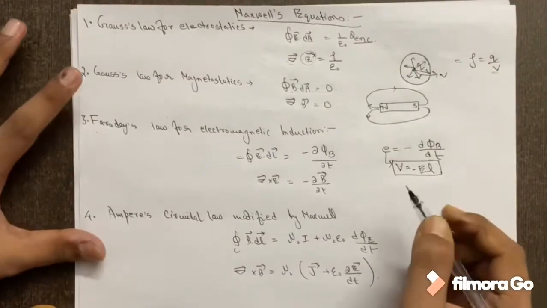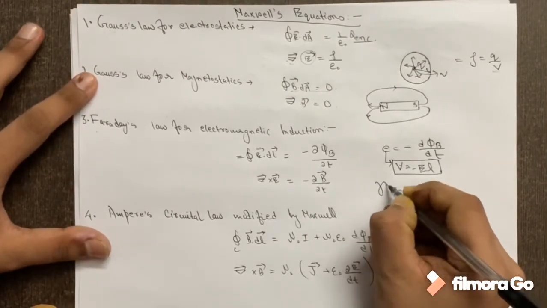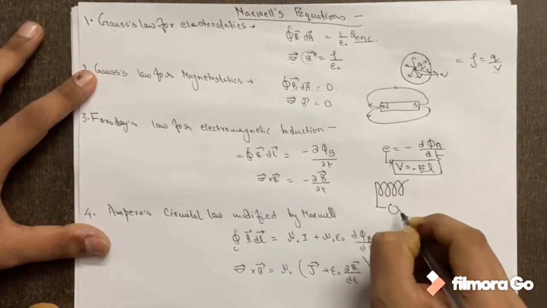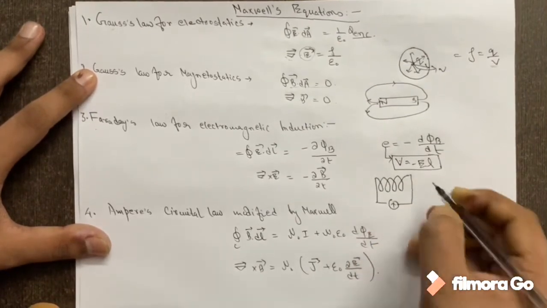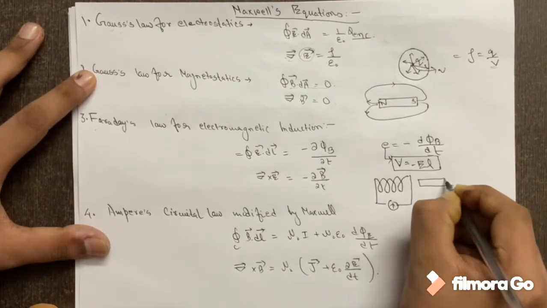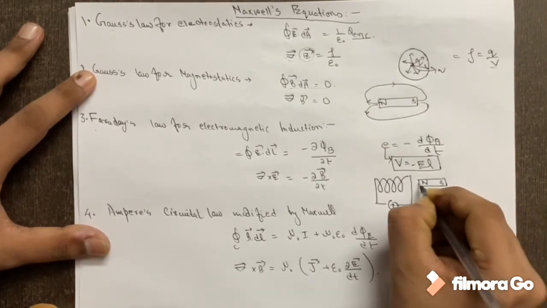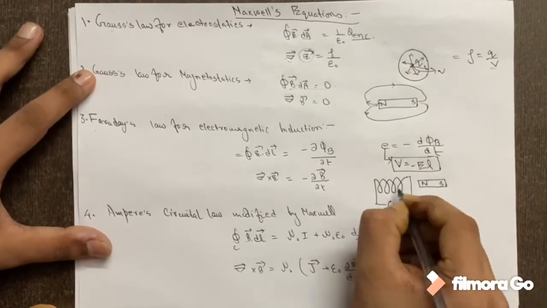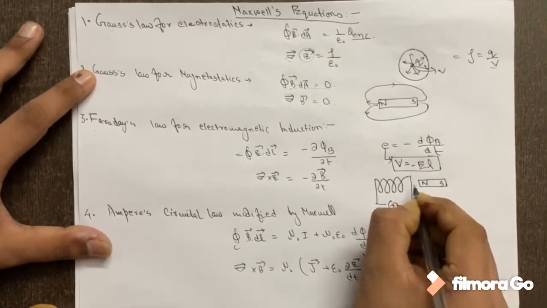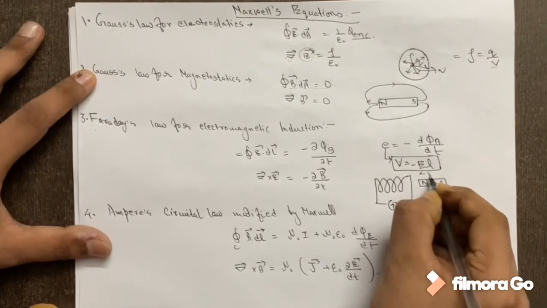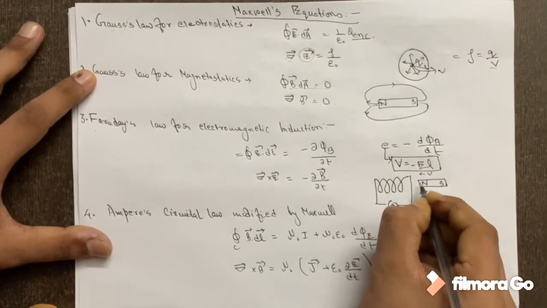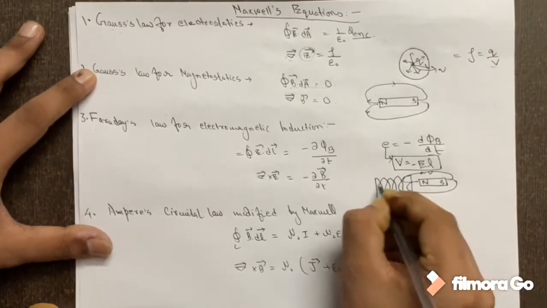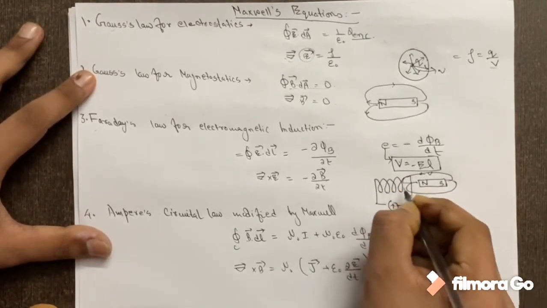Now suppose that we have these coils which are connected with a galvanometer. As we bring a bar magnet near to it, the flux through these coils changes, which induces the EMF inside it. Suppose the bar magnet is approaching this coil, so the magnetic flux that passes through these coils increases with time.